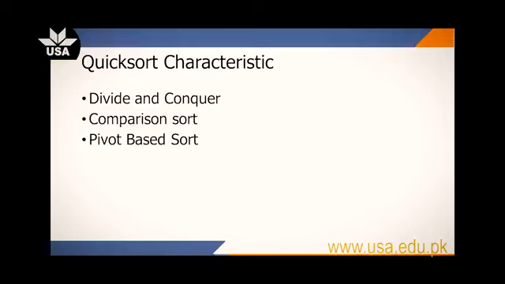Quicksort selects a pivot element, and on the basis of the pivot element it applies the sorting algorithm. It is different from the previously discussed sorting algorithms in the sense that it uses a pivot.